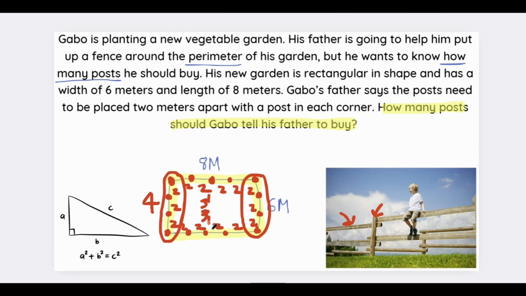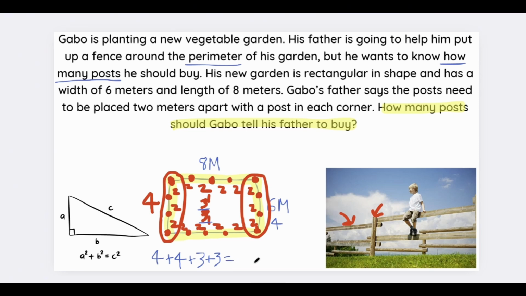So we're going to need 3 posts here and 3 posts there. So we need a total of 4 plus 4 posts here, 4 plus 4, plus we have the 3 posts here and the 3 posts here also.